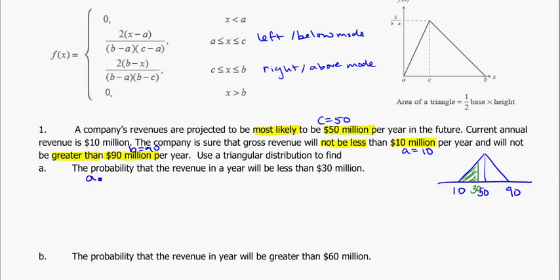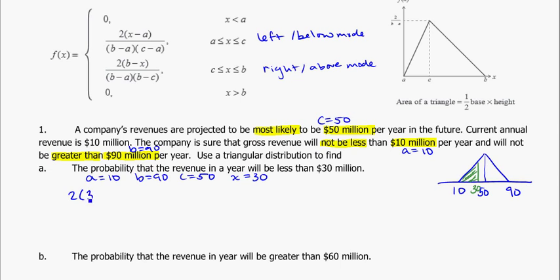I know that A is equal to 10, B is equal to 90, and C is equal to 50 from the problem. And if we put that information in, be careful to use your brackets when you do this in your calculator. X in this case is going to be 30, because that's what I'm asking about, below 30.